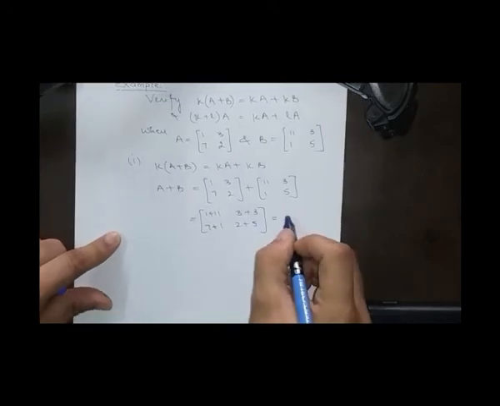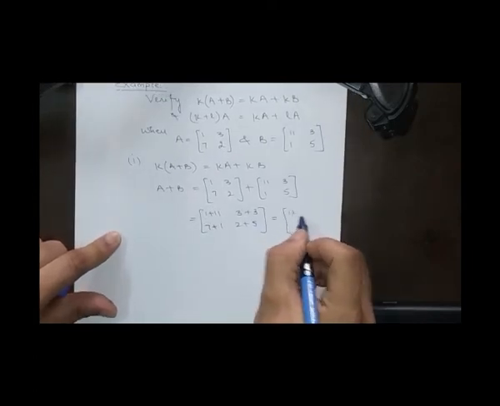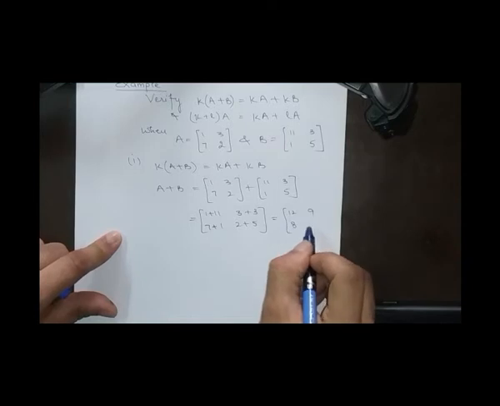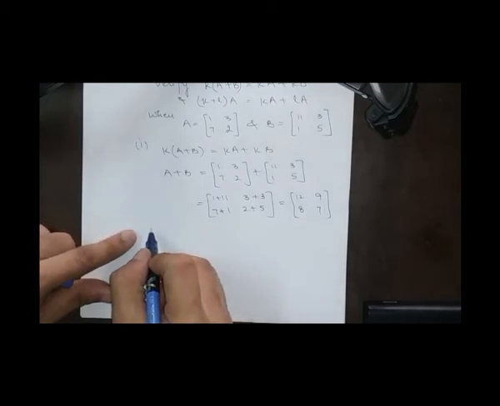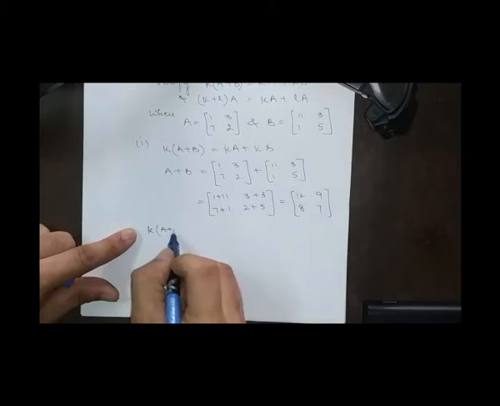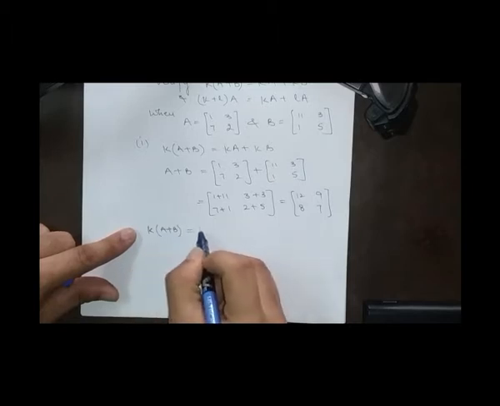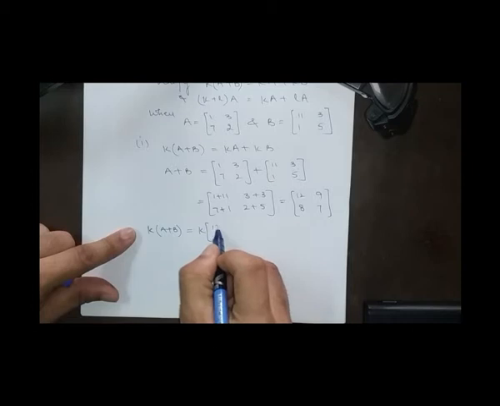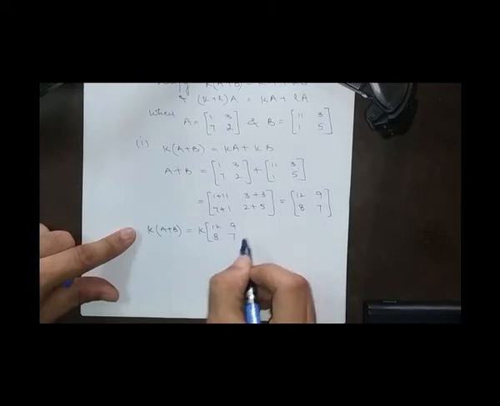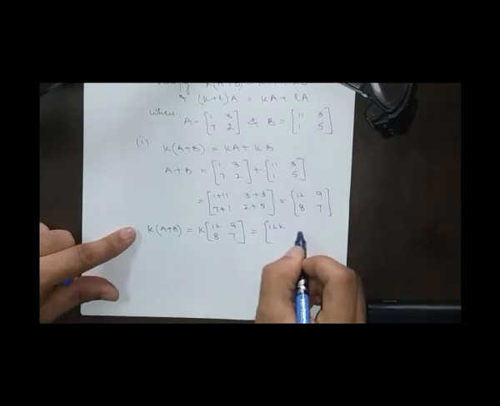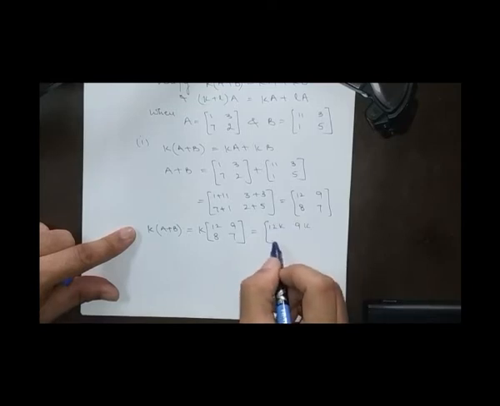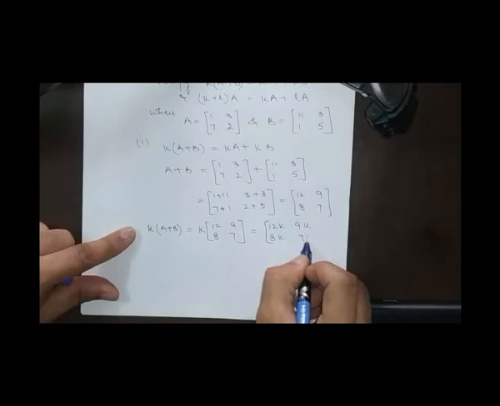The answer is 12 9, 8 and 7. And when we multiply it with the scalar k, k(A plus B) becomes k times 12 9, 8 7, which is equal to 12k 9k, 8k 7k.